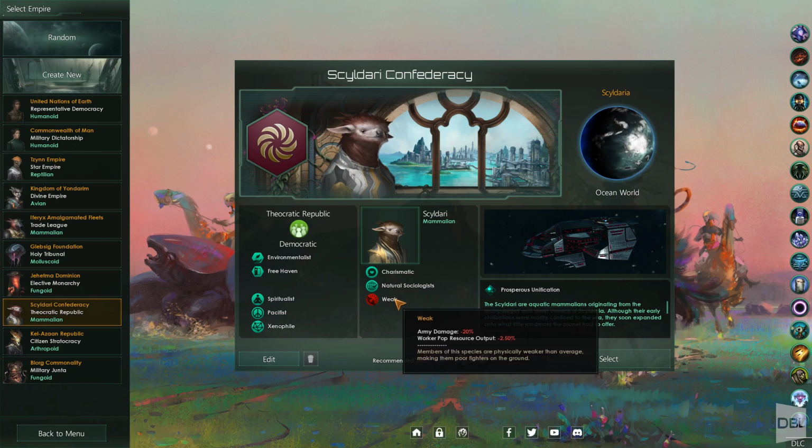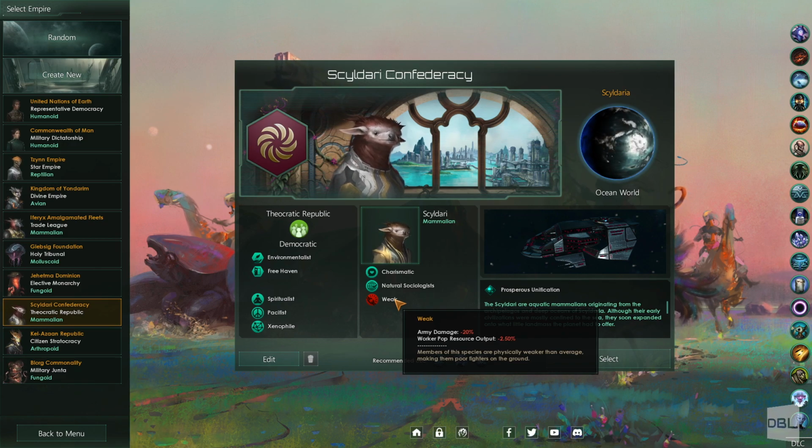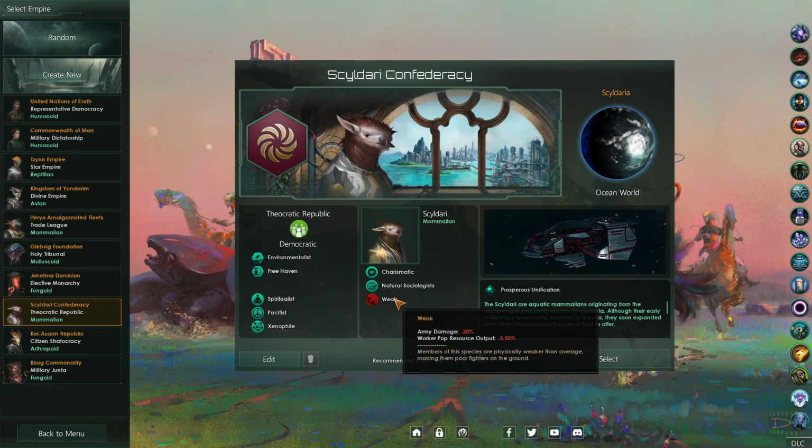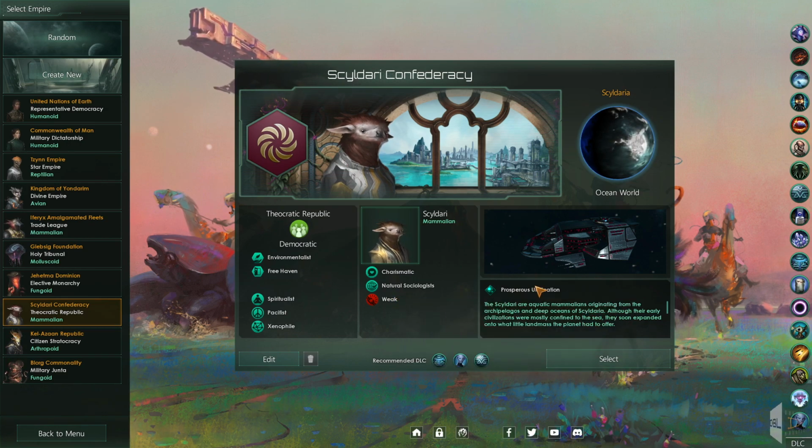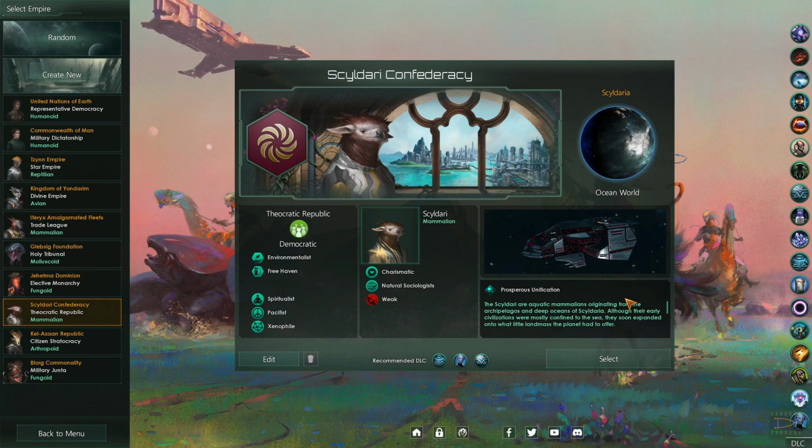Oh, they're weak, of course. Spiritually strong, but physically weak. Army damage, negative 20%. Worker pop resource output, negative 2.50%. Members of the species are physically weaker than average, making them poor fighters on the ground. On the ground. Maybe they're really good at ship combat. I don't know.